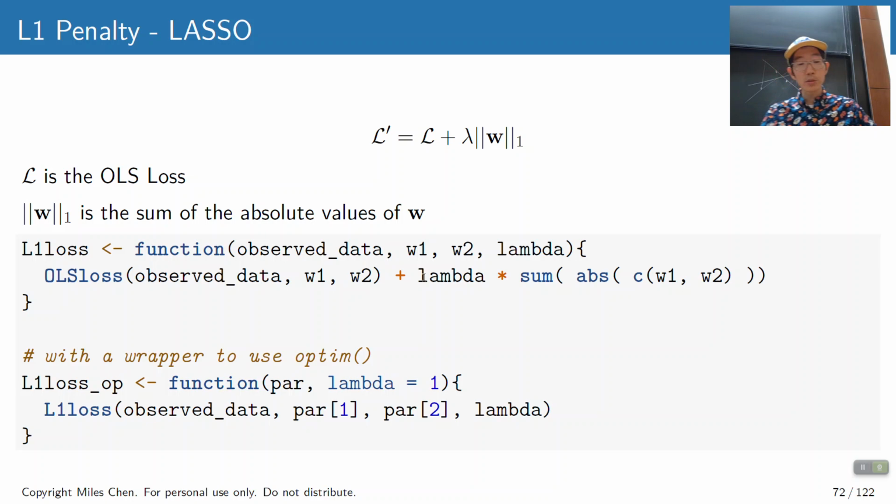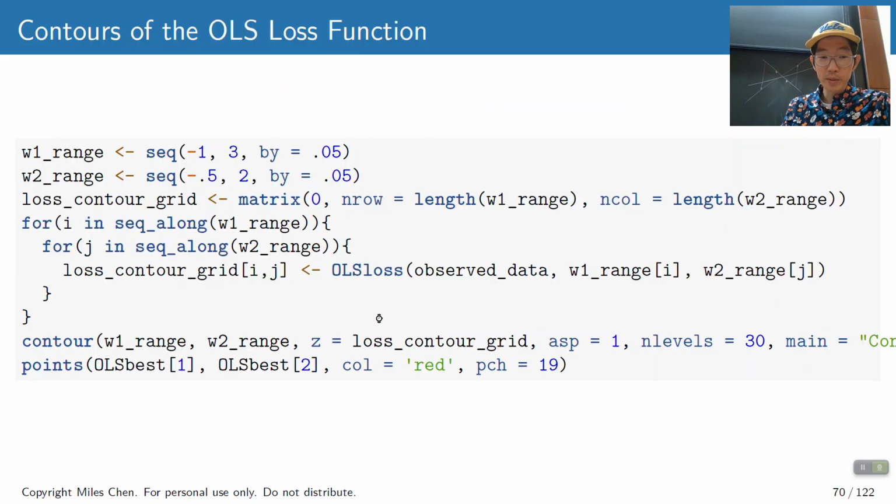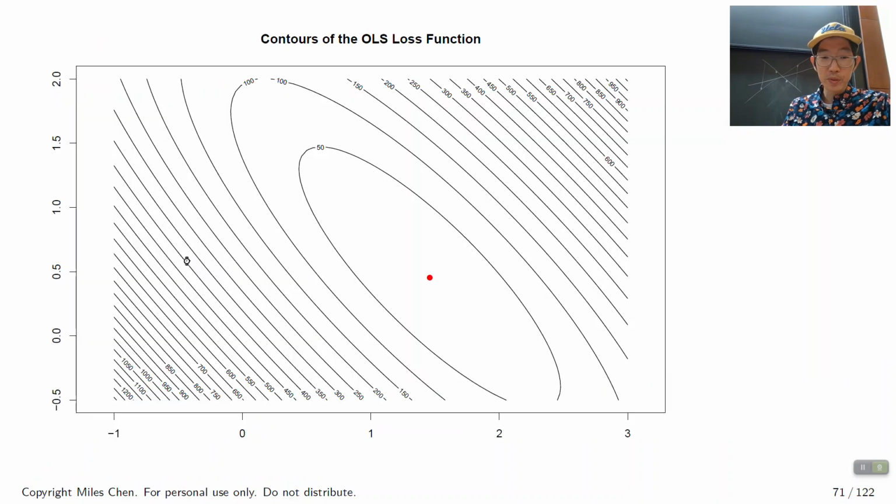Okay, what I'm going to do now is write a function in R for our L1 loss. The lasso loss is going to be the OLS loss, which is this function here, the sum of squared errors.